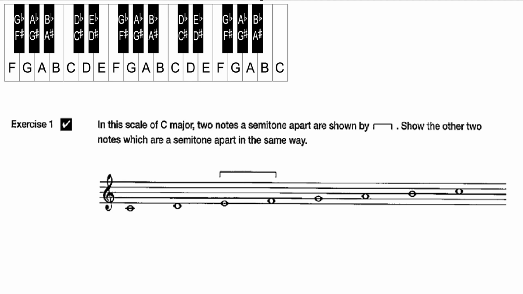So we can see already that they have noted, quite correctly, that there is a semitone between E and F. And as you can see, there are no black notes between E and F. Similarly, there are no black notes between B and C. So here is another semitone.